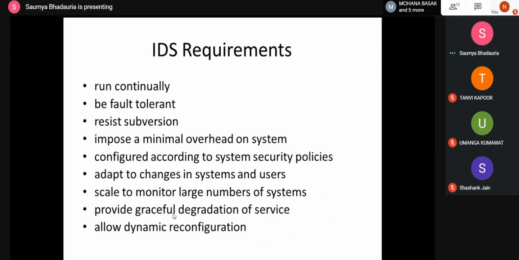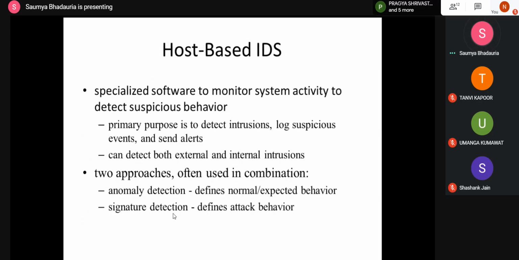Such systems are obviously avoided, and any intrusion detection system would obviously have minimal overhead on the system. There are also multiple policies incorporated into the IDS, which need to be very dynamic in nature, and dynamic according to the system and the users who are trying to use it. These points will be covered at one point or another when we discuss IDS.